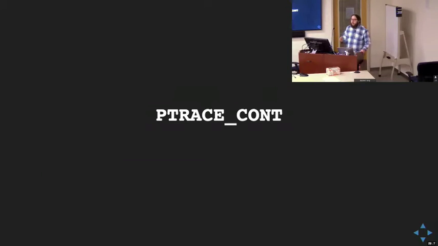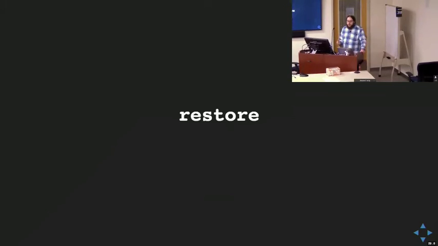So using this technique, we can inject a call to mmap or inject a call to pthread create into our target process. Once we've finished running our target function, we can restore the process to its original state by simply resetting the registers to the original saved values, thereby letting the process continue exactly where it was before we started the hijack process.